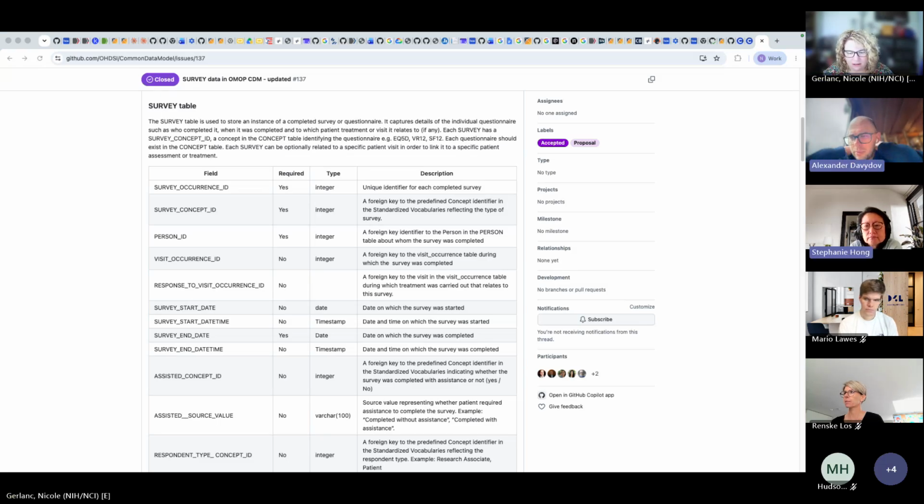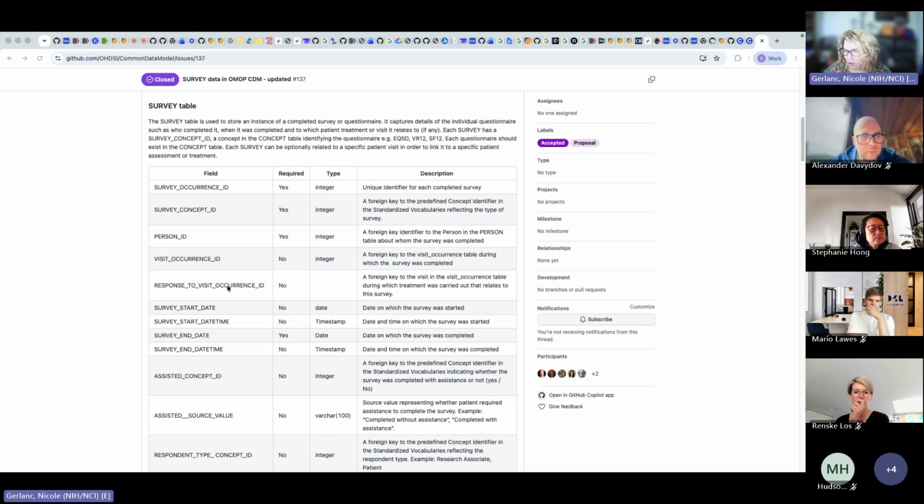Nicole, just to confirm, is it the same table? Because I think that was the survey conduct table, or we had a couple of them. My understanding from this is that this is the survey conduct table, and the reason we've been talking about being interested in it, as we can see here at first glance, is because it does contain a lot of the metadata that we've been talking about adding to the observation.